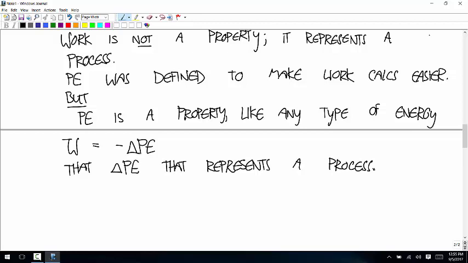But change in potential energy is just the potential energy at some later instant minus the potential energy at some earlier instant. And each of those individual potential energies represents a state, and those are properties. Okay? So like internal energy and kinetic energy, potential energy is a property. But it's a property that makes it really easy to calculate the work done over a process.